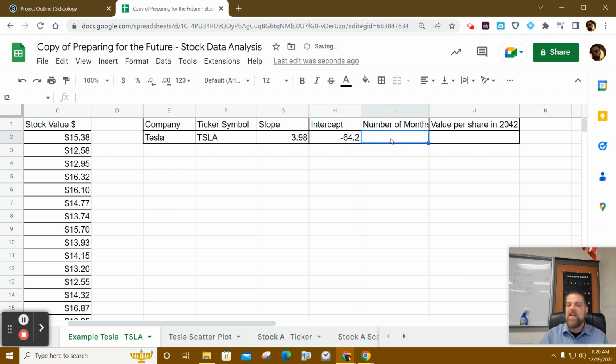And now for me, the number of months until 2042 is going to be 19 years times 12 months per year, which, if you do the math on that, is 228. Now, if you happen to have Spotify, they didn't start publicly until 2018, and I think it was the second or third quarter. So you got to calculate the number of months.